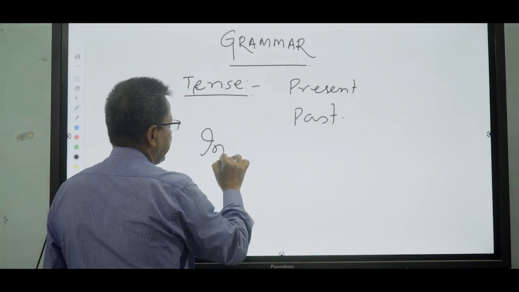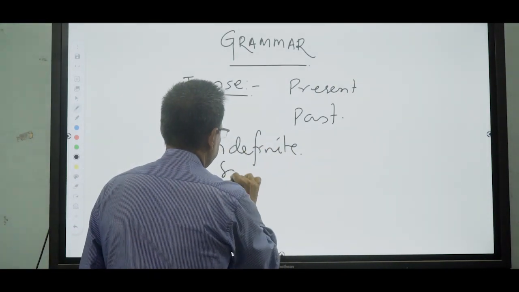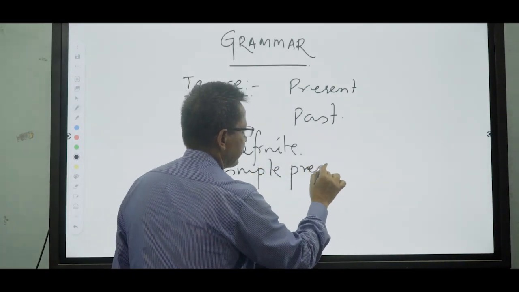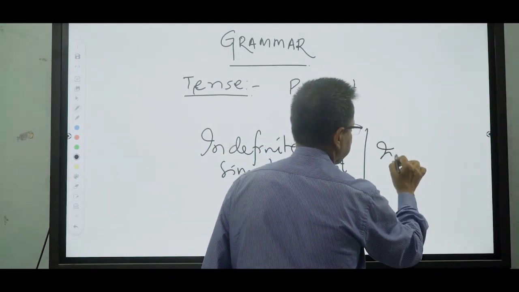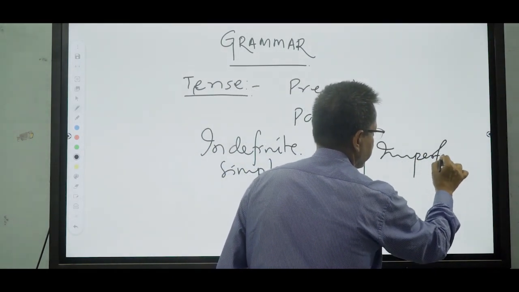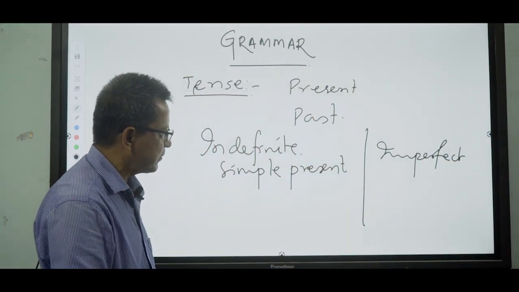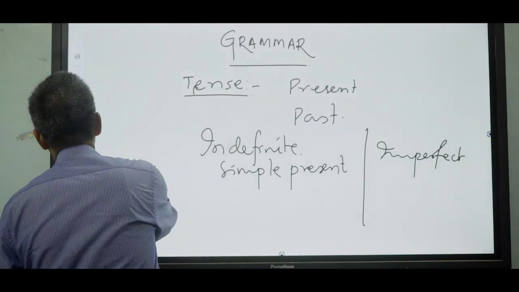Now indefinite, which we call simple present. In present tense we call simple present. In past tense we call simple past, and imperfect. Imperfect is also known as progressive or continuous. Okay. Now I give you 2 sentences to compare.